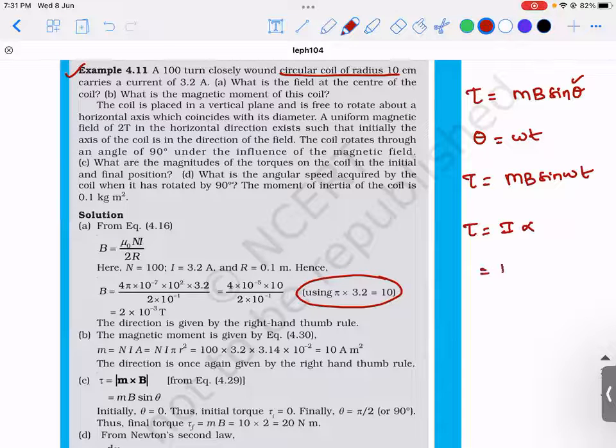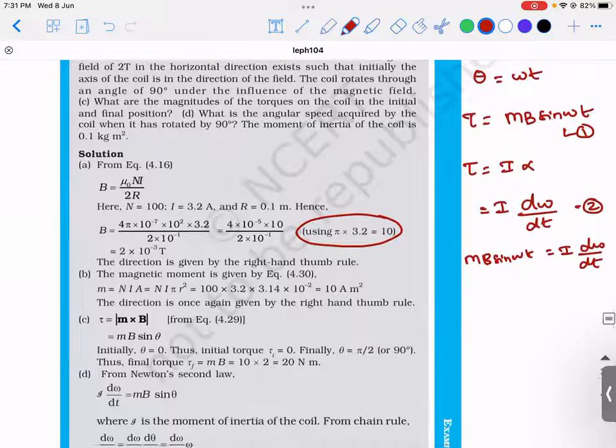What is alpha? d omega by dt. So let me take this as 1, let this as 2. So mB sine omega t is equal to I into d omega by dt.